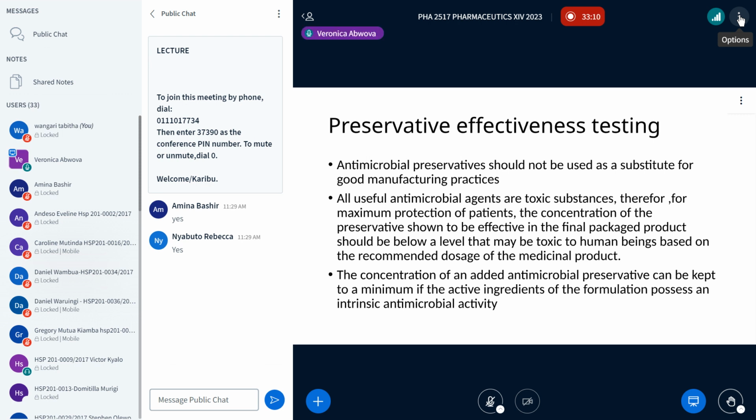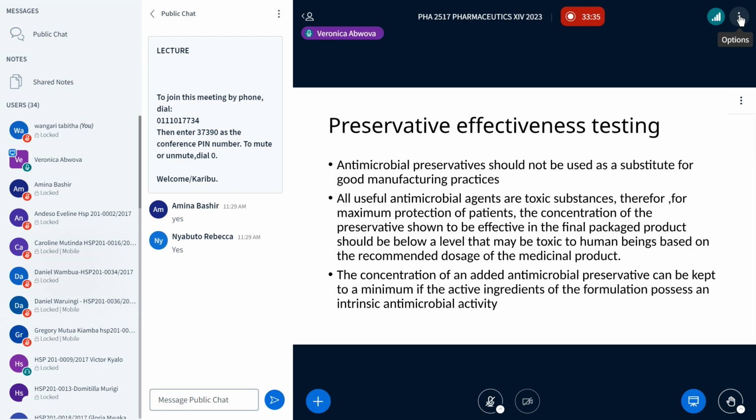The concentration of an added antimicrobial preservative can be kept to a minimum if the active ingredient of the formulation possesses an intrinsic antimicrobial activity.